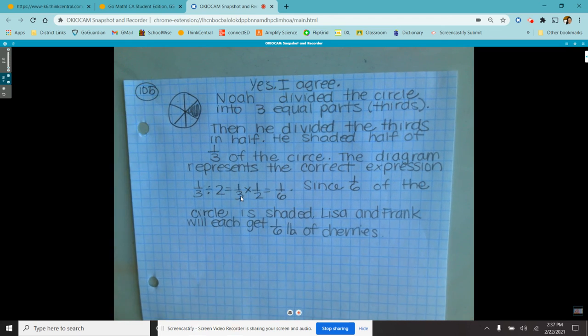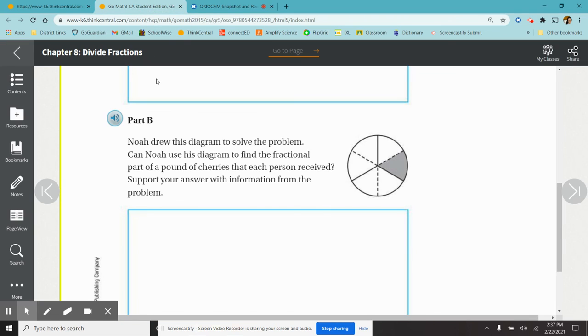All right. That's the explanation to Noah's diagram. He did well. All right, that is the end for part 1 of our chapter review. We will finish tomorrow and do the second half.